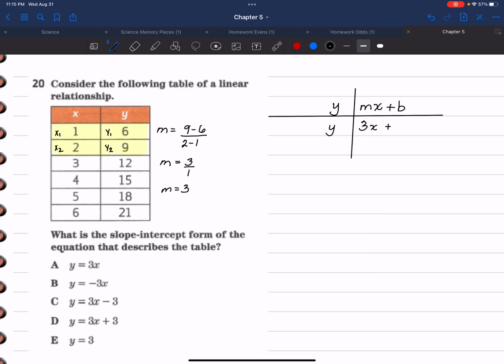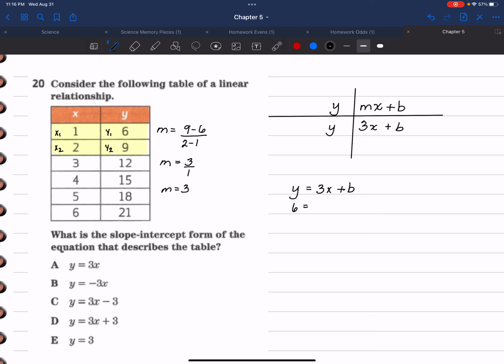And then we need to know the intercept. That is going to happen when x is 0, excuse me. I need to plug in a point here. We need to find baby b. So let's do 3x plus b.